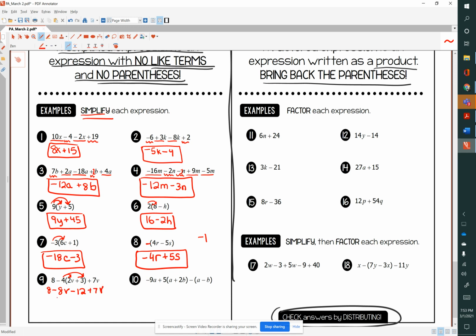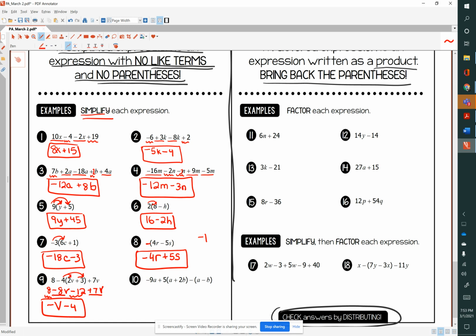Now we'll combine like terms. We have negative 8v plus 7v is going to be negative 1v, and we just write that negative v. That'll become an invisible 1. Then we have 8 minus 12, which is negative 4. And that is our final answer, negative v minus 4.